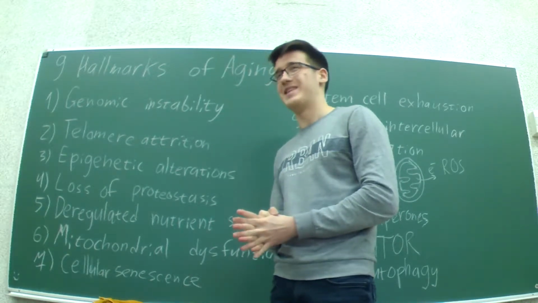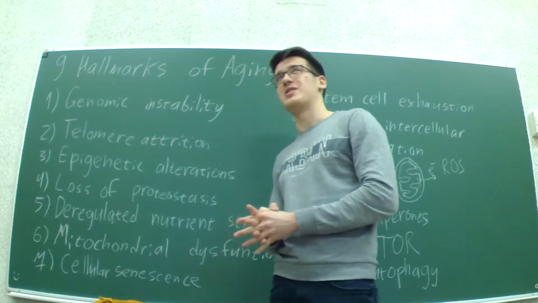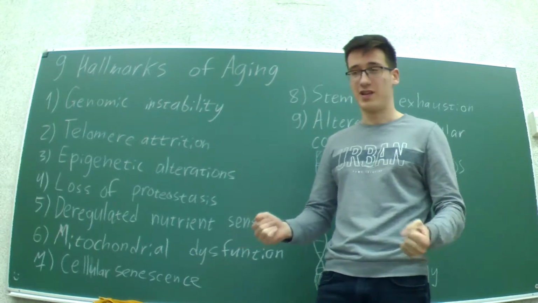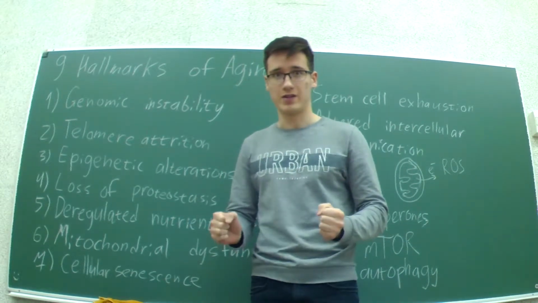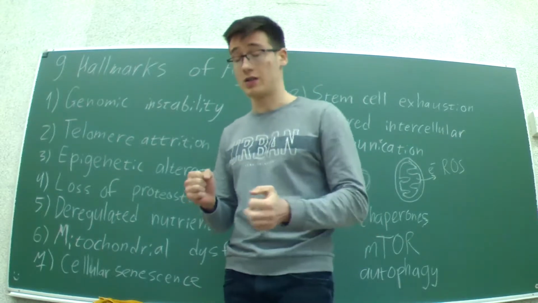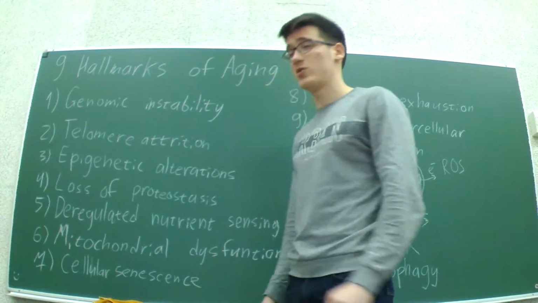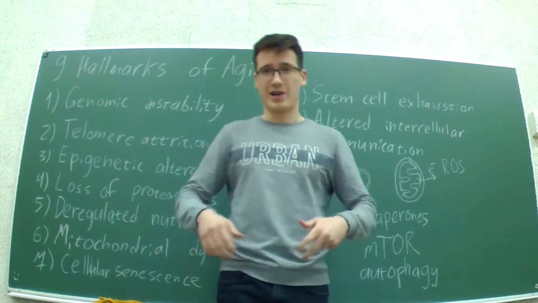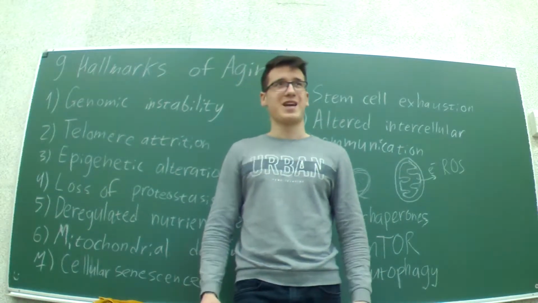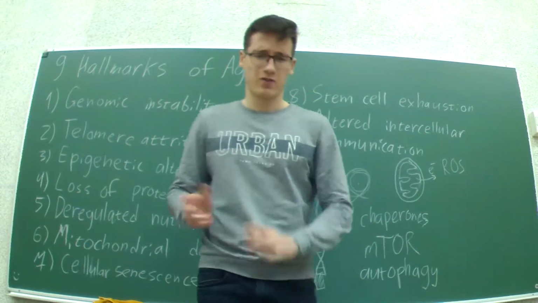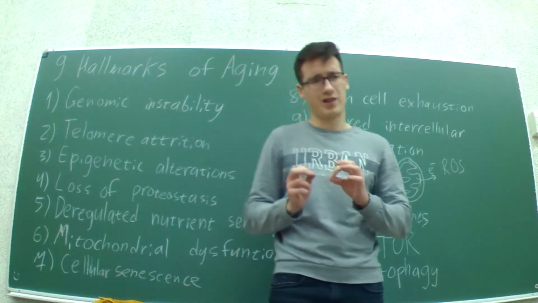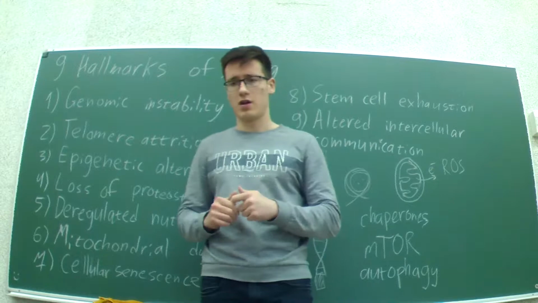Alright? But because our genome is mostly introns, the majority of those mutations don't affect us at all. And this is the benefit of having those introns. But when those mutations arrive in our genes, this is pretty harmful. Well, some parts of our genes are not as important as other parts.